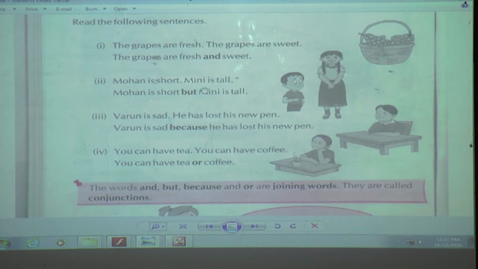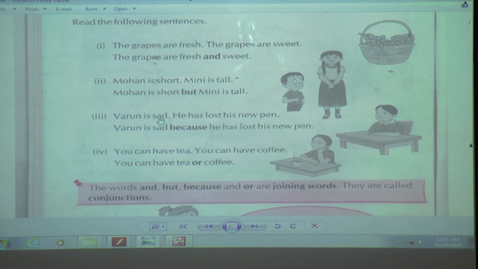So what word they have used? B-U-T, but. So whenever we are using two words or two sentences where it is totally opposite to each other, what are we going to use, students? B-U-T, but.